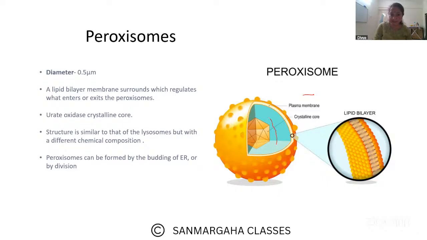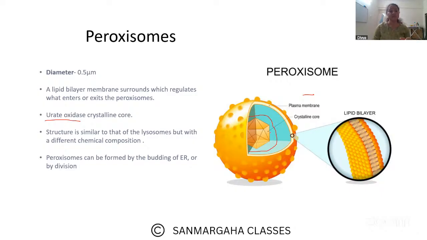Inside you can see a crystalline structure because of the presence of urate oxidase. Urate oxidase is an enzyme which makes the core crystalline. This structure is also similar to lysosomes, but it has a different chemical composition.